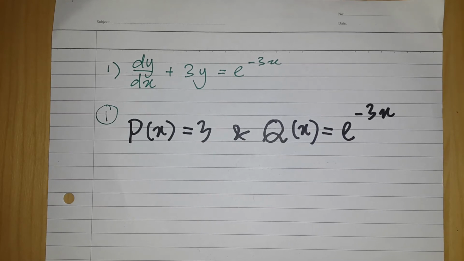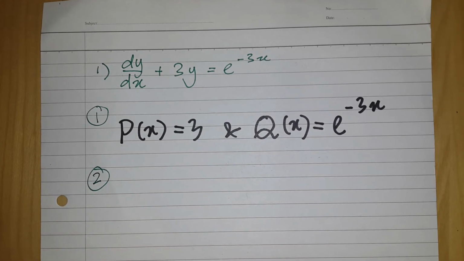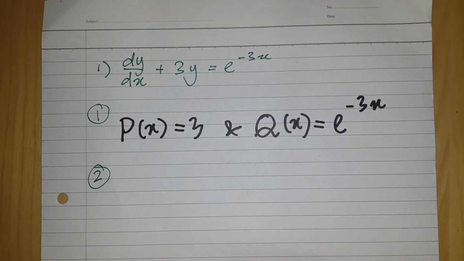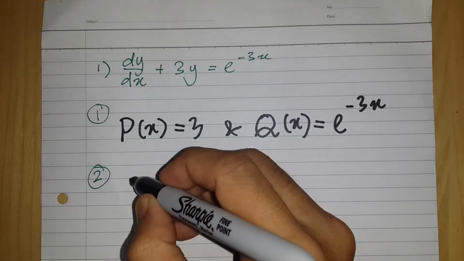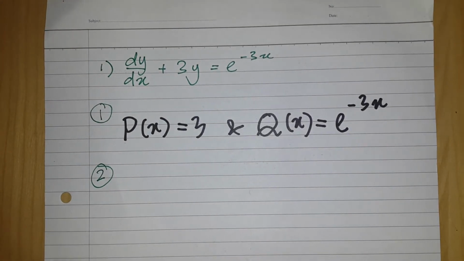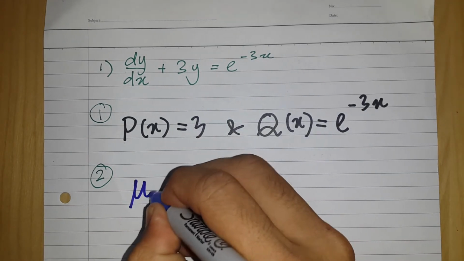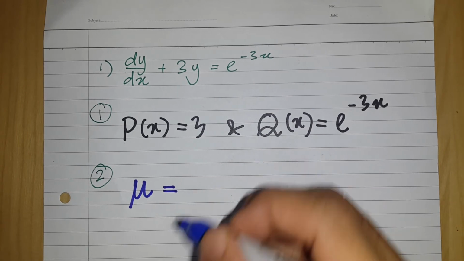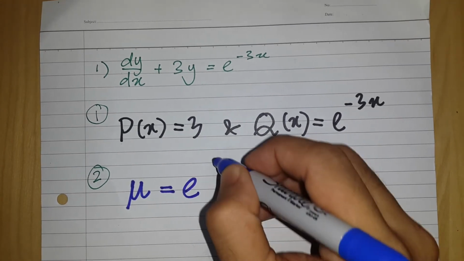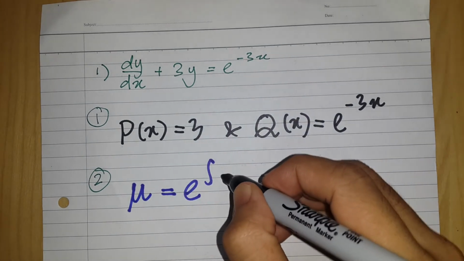Right, and the second step is to use P(x) to get the integrating factor. Our integrating factor is mu, and mu is equal to the exponent of the integration of P(x) dx.